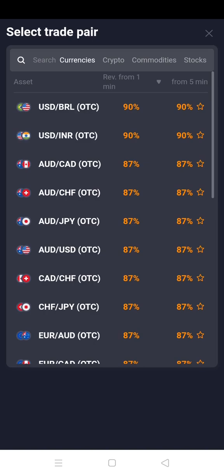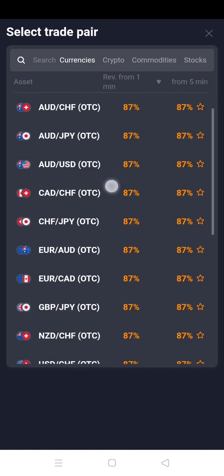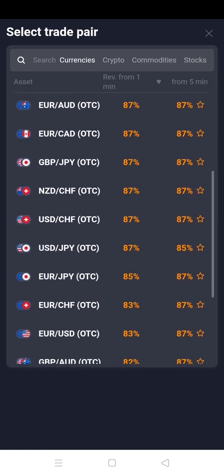OTC means over the counter market, and these are markets that are selected and being played by the brokers. Quotex is a broker, so these are charts that have occurred probably in the past, so they will bring it up and play it for you to trade during the weekend, most especially if you don't have time to trade during the week. But trading the OTC can be risky because most of the time they are manipulated.